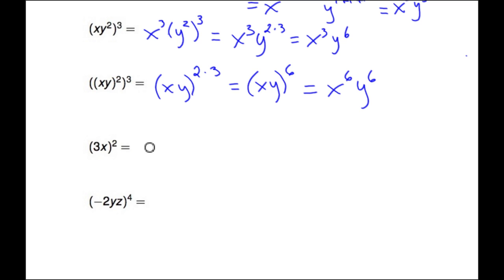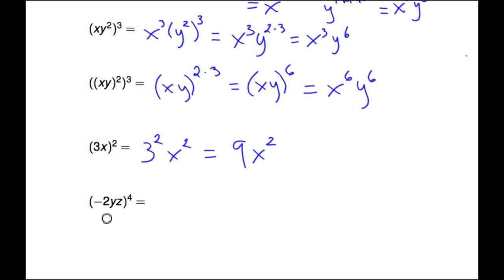Well, there's not going to be anything different done because there's a 3. We're going to take this 3 and it's going to be squared, and then we're going to take the x and it's going to be squared. Okay, so we can simplify 3 squared. So 3 times 3 is 9, which is going to give us 9x squared. Okay, simple enough.